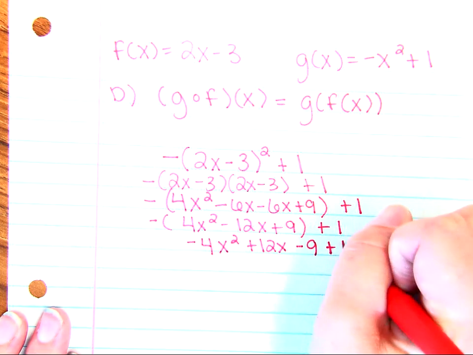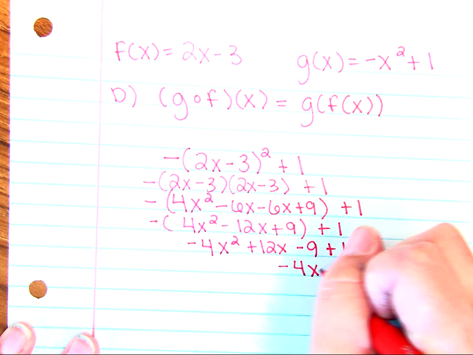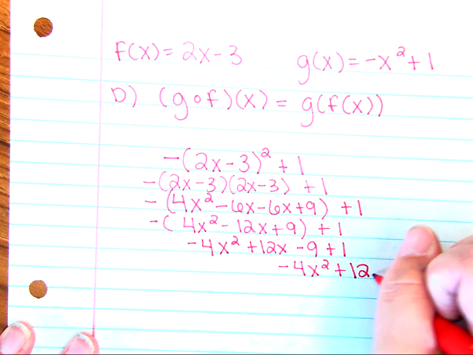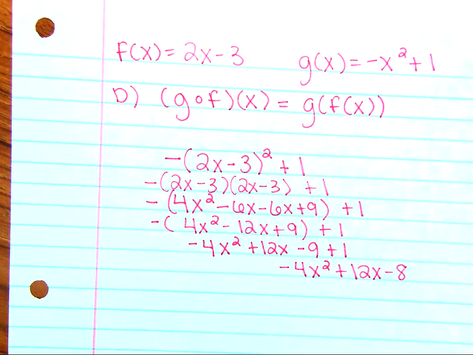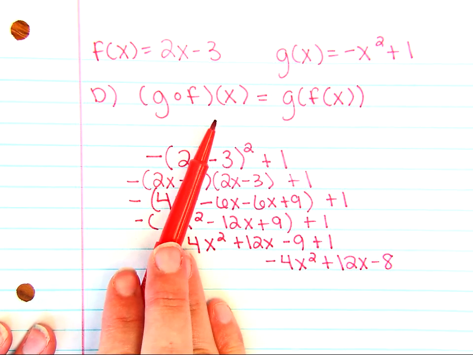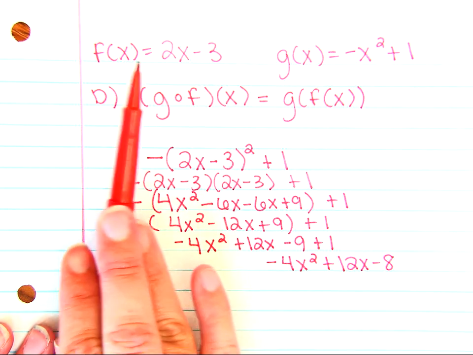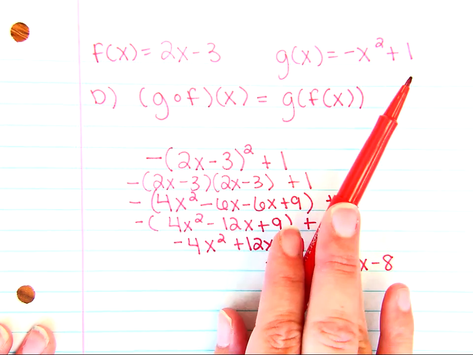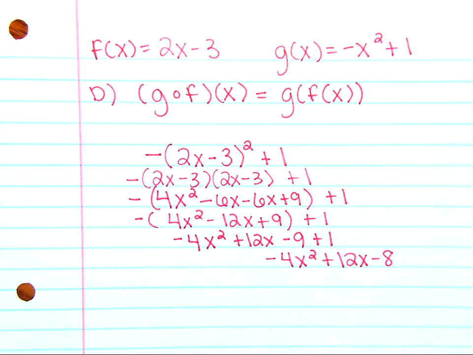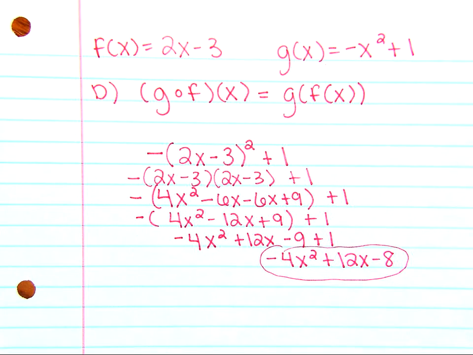And then I need to combine like terms one more time. And there would be your answer of g composed with f of x. So I took f of x, and everywhere there was an x in my g function, I replaced it. So you can do this with variables as well, not just numbers.